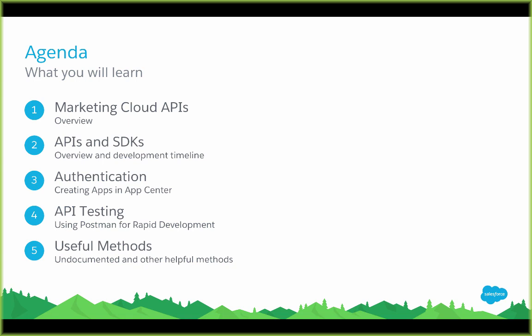And I want to share some useful methods. These are some undocumented API methods and other helpful methods for using Marketing Cloud. I promise you that I can guarantee everyone participating in this call today will learn something new. And if you don't, I'll give you your money back.